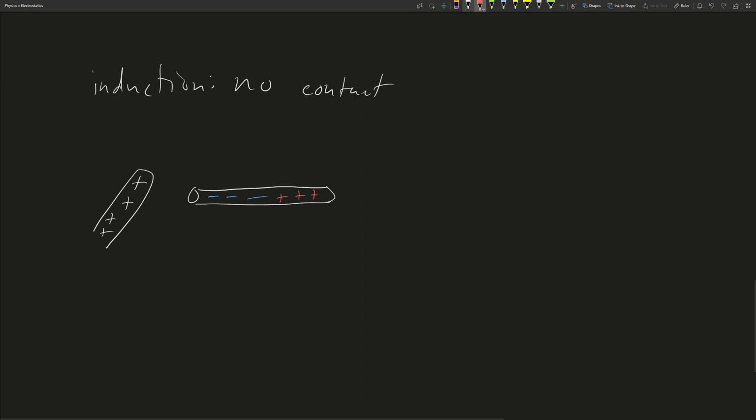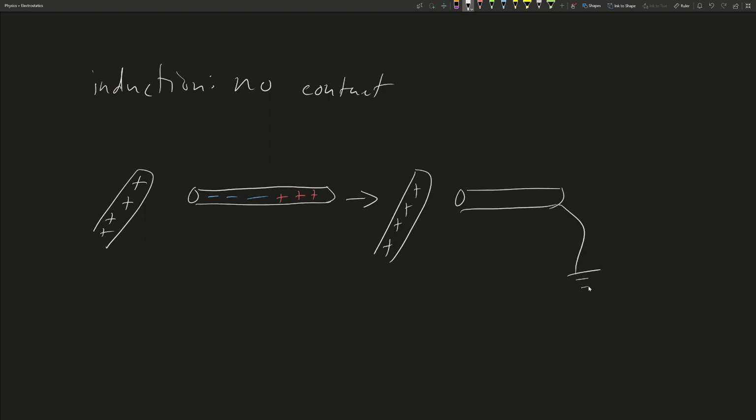Now, if we connect this copper rod to Earth, then we have our positively charged rod here, and then we have a connection to ground. So this is grounded, and this is the symbol for ground. That means it's connected to Earth.